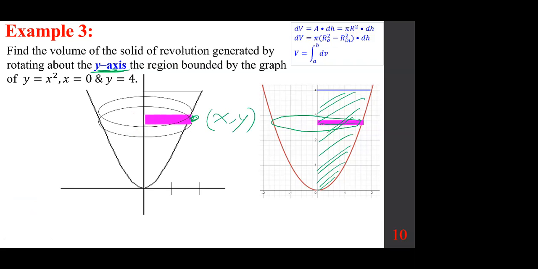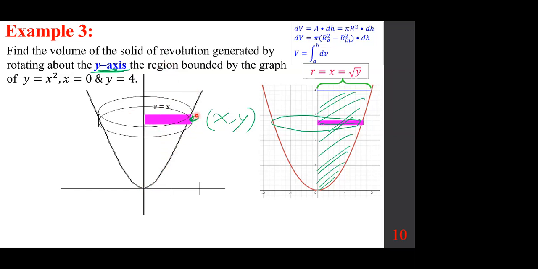So what is this r? R equals x, everybody. R equals x. And we are looking at this strip that we are going to go up and down, a horizontal strip up and down.